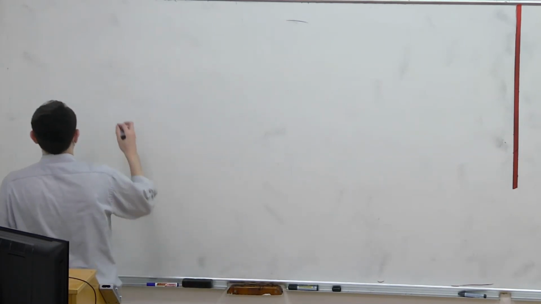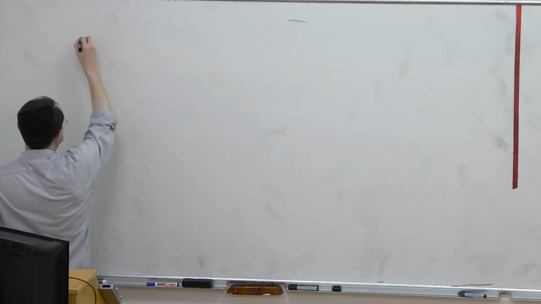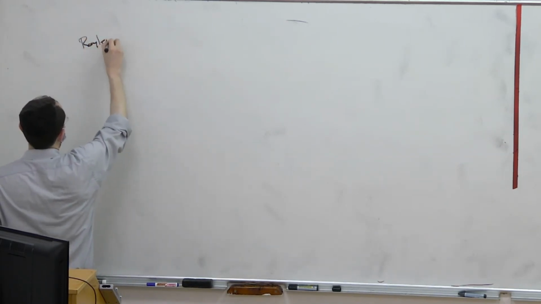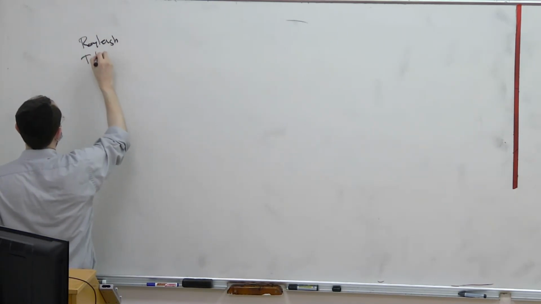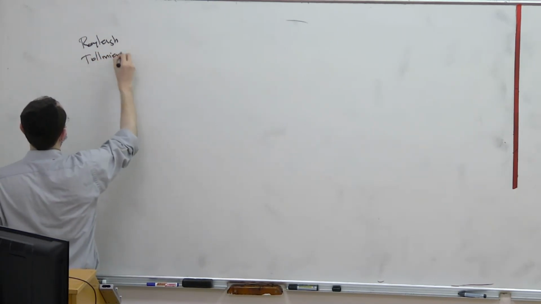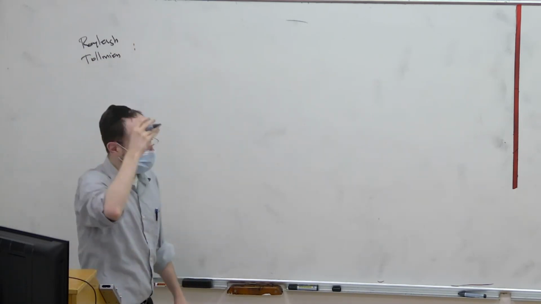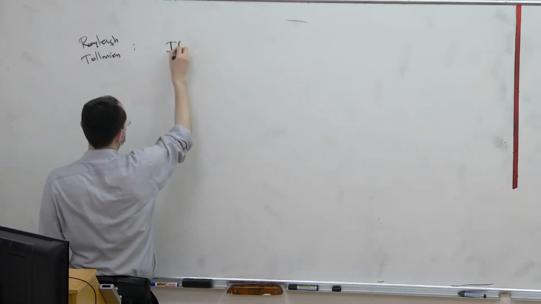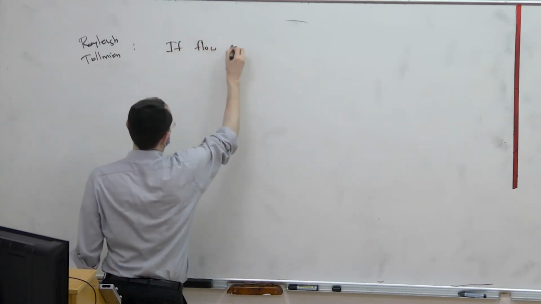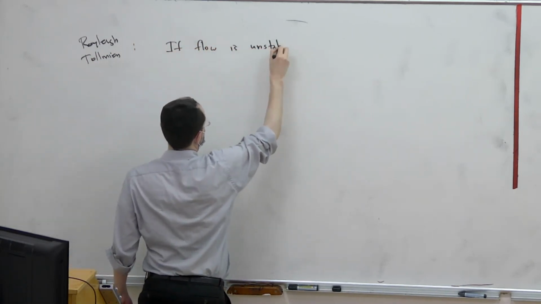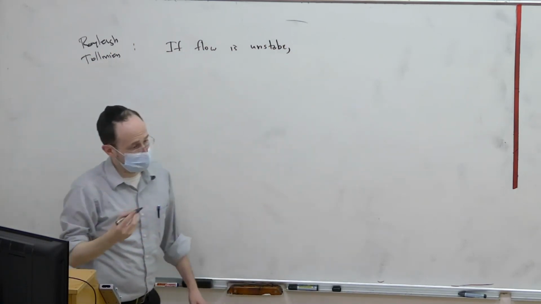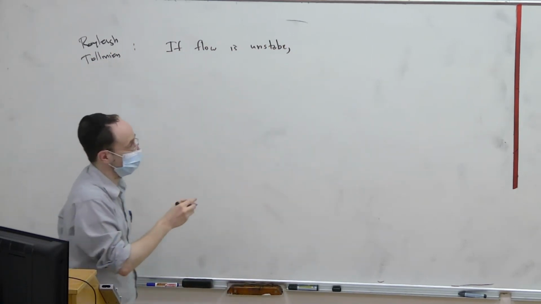Okay, so the criterion that we have is, again, due to Rayleigh. It's also due to a guy named Tollmien. The criterion is essentially that if the flow is unstable, then there's either an inflection point or, we'll say, an extremum in vorticity.